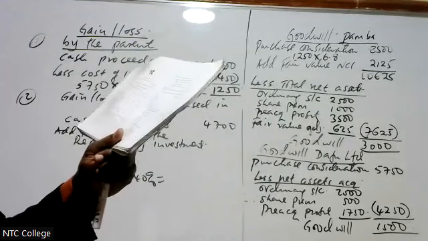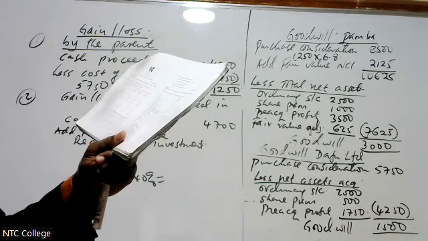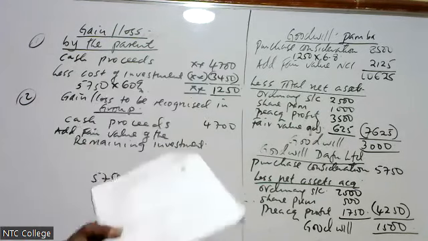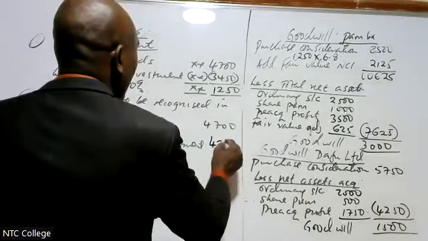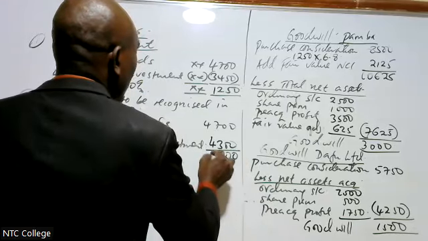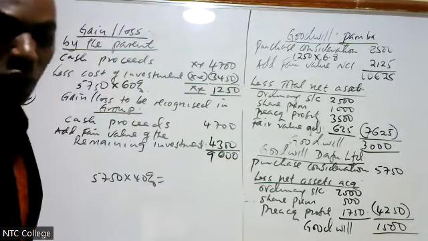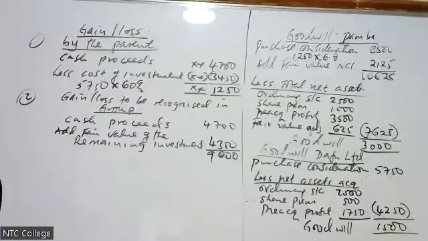The fair value of the remaining investment in 40% equity interest was 43. I come to add 43. I get 9,000. Total is 9.